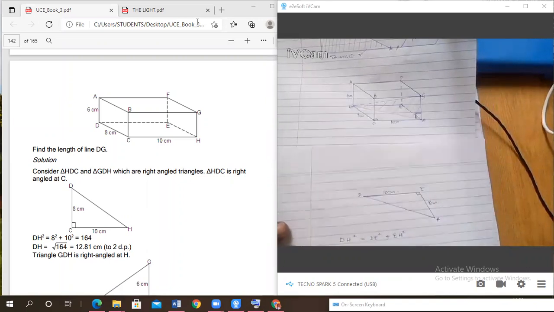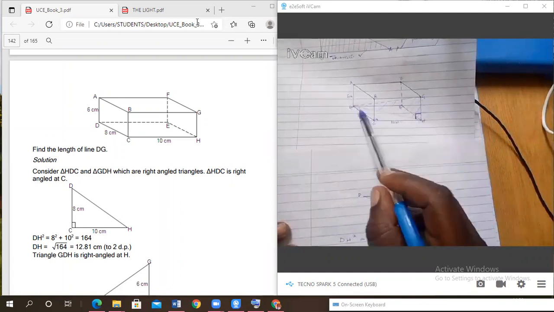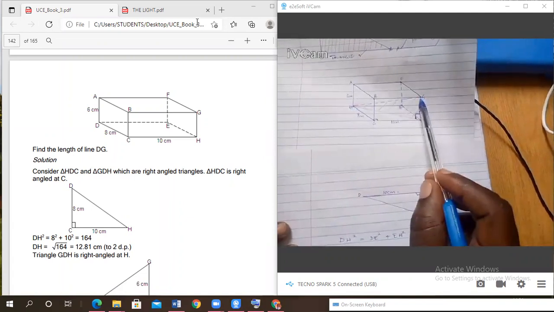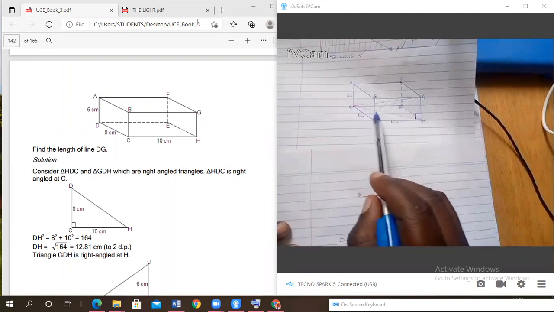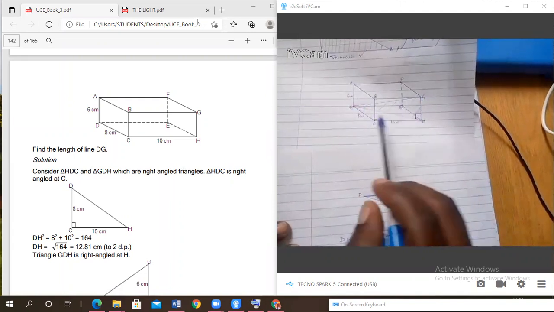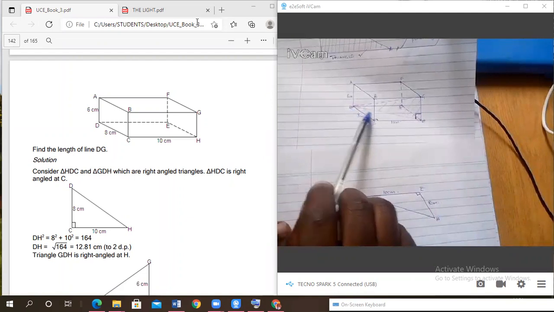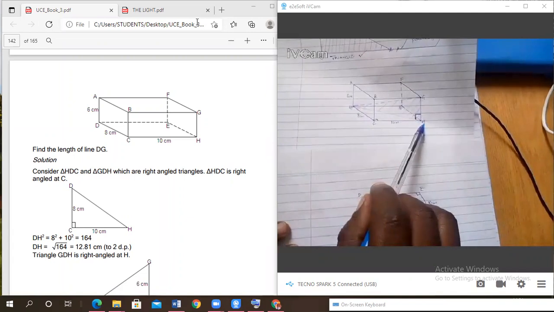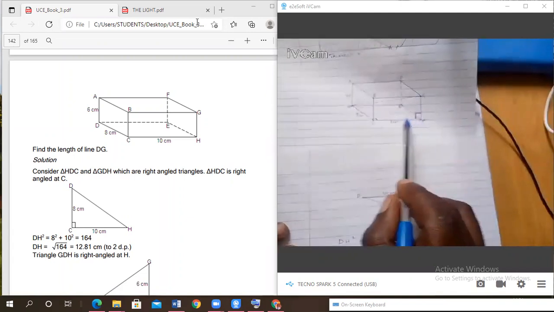The question is telling us to find the length from D to G. For me to find the length from D to G, I have to create a right angled triangle inside this by drawing a line from D to H. Are we together? When you draw the line D to H, you form a right angled triangle inside here.